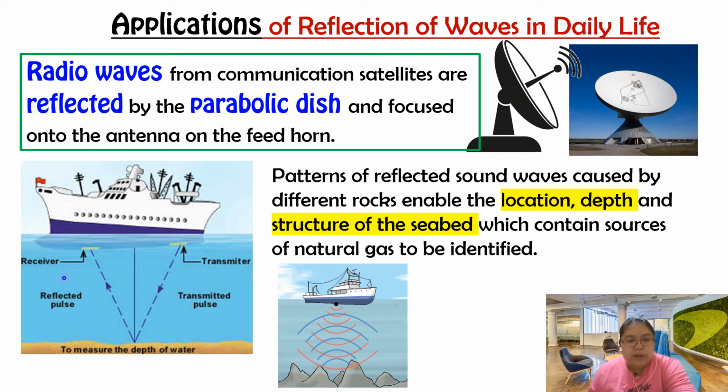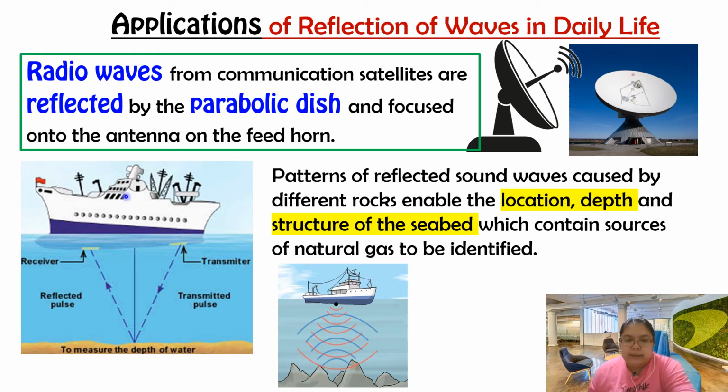Okay, for this part, the ship sends a signal wave, a radio wave, from the transmitter. When the radio wave hits some object, it is refracted back. After that, you have a receiver. Then you can calculate the distance to the seabed.